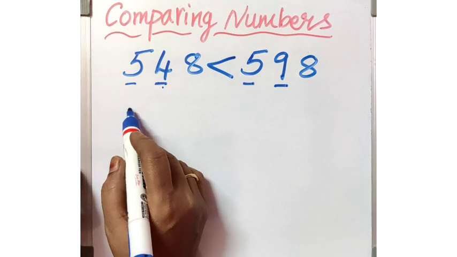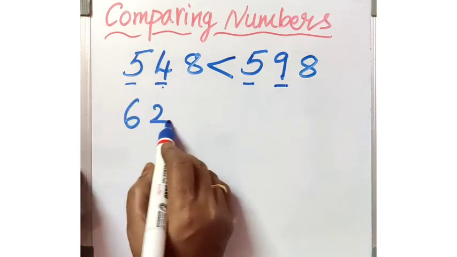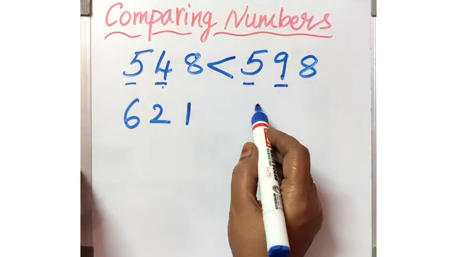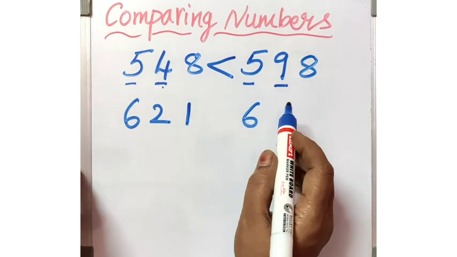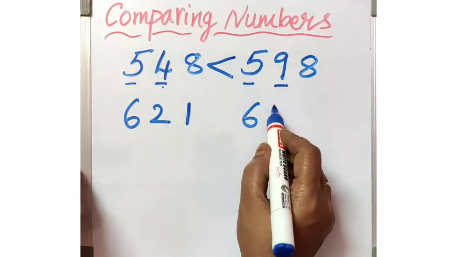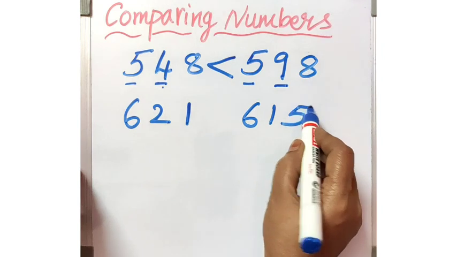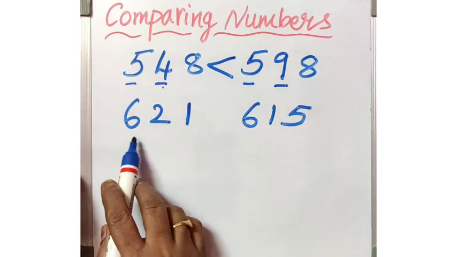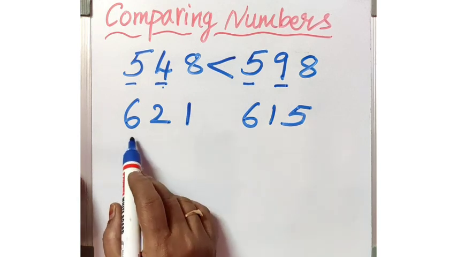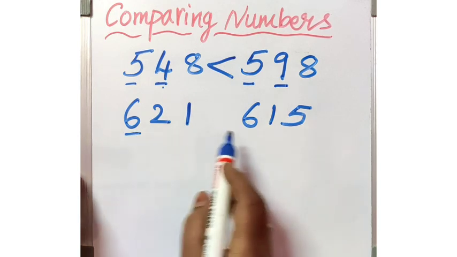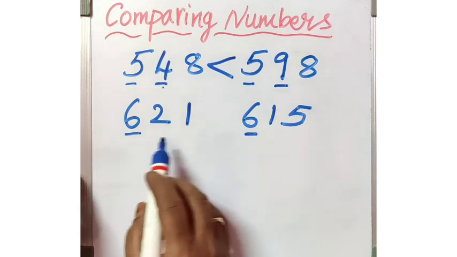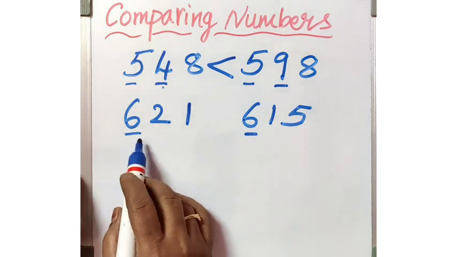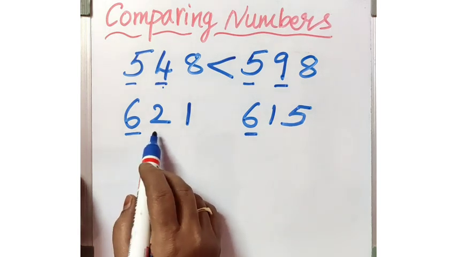Let me take one more example, 621 and 615. Now both are 3-digit numbers. We have to compare the hundreds place first. Here it is 6. Here also in hundreds place we have 6. What we have to do? We have to move to the tens place.